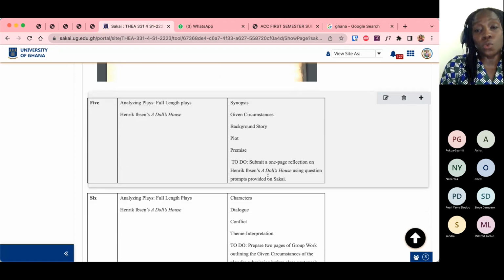We are not using just 1 week to analyze them. We are giving each one of the full-length plays 2 weeks for analysis because they are full-length plays. And so when we start at week 5, we will analyze Ibsen's A Doll's House by looking at the synopsis, the given circumstances, the background story, the plot, and the premise.